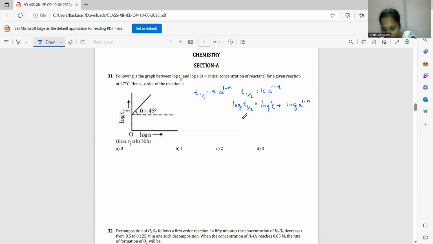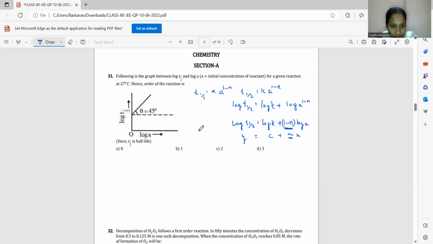Now we know this will become log T half is equal to log K plus 1 minus n log A. And now this is almost obeying the line regression formula, so you can assume y is equal to mx plus c. Which means that m is the slope. So from the equation, you are getting the slope value to be 1 minus n.